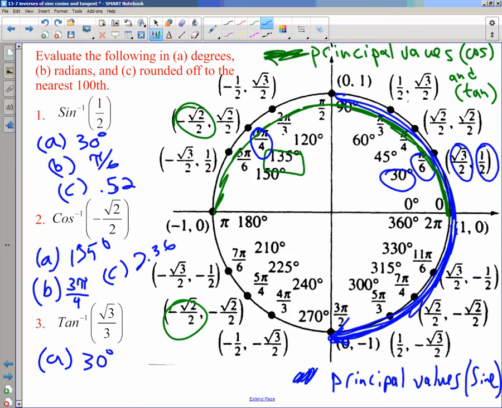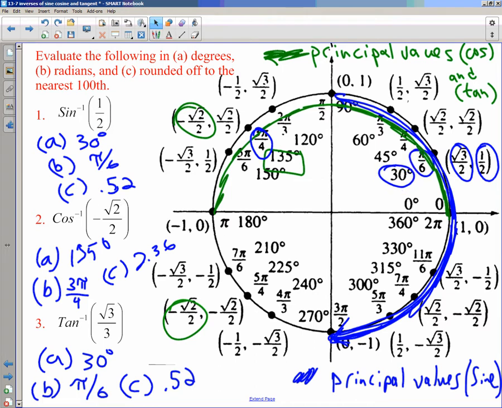I'll show you, but it's going to be the same answers. Well, pi over 6, you just look at the unit circle. So if the principal value, or the answer, is 30 degrees, then the answer would be pi over 6 radians, because that's the same angle, right? Different units of measurement.